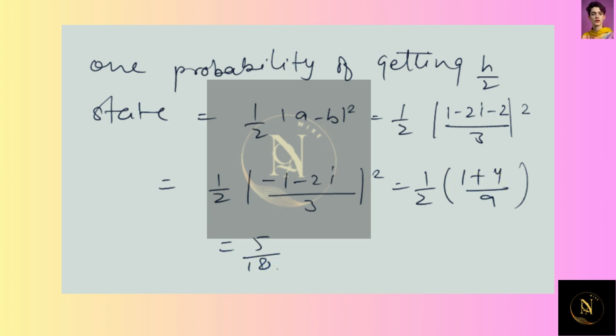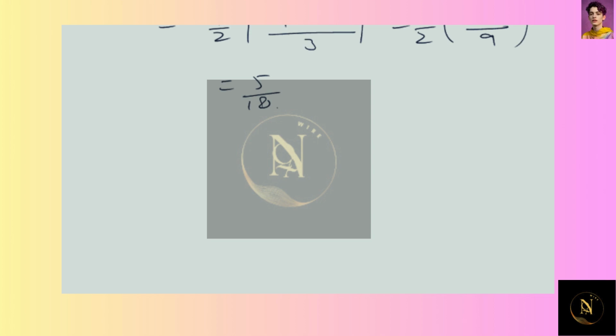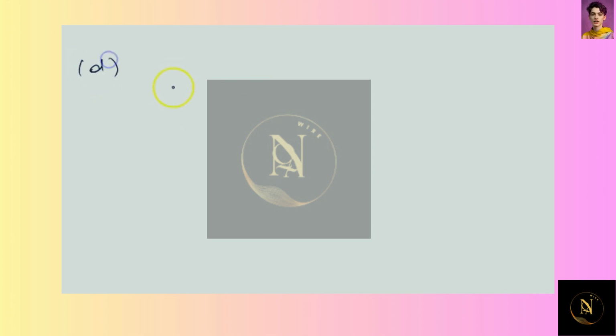Now the last part is to find the expectation value of Sz. Next is part D: if we measure Sy of the electron, what probability do you get.